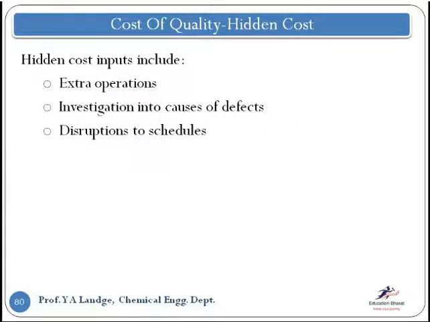Then the disruptions to schedules. Sometimes when production is going on and you find lots of defective products, we have to reschedule things. Disruption is there because we first need to look at the defective product, because it is a huge quantity and we need to work on it.